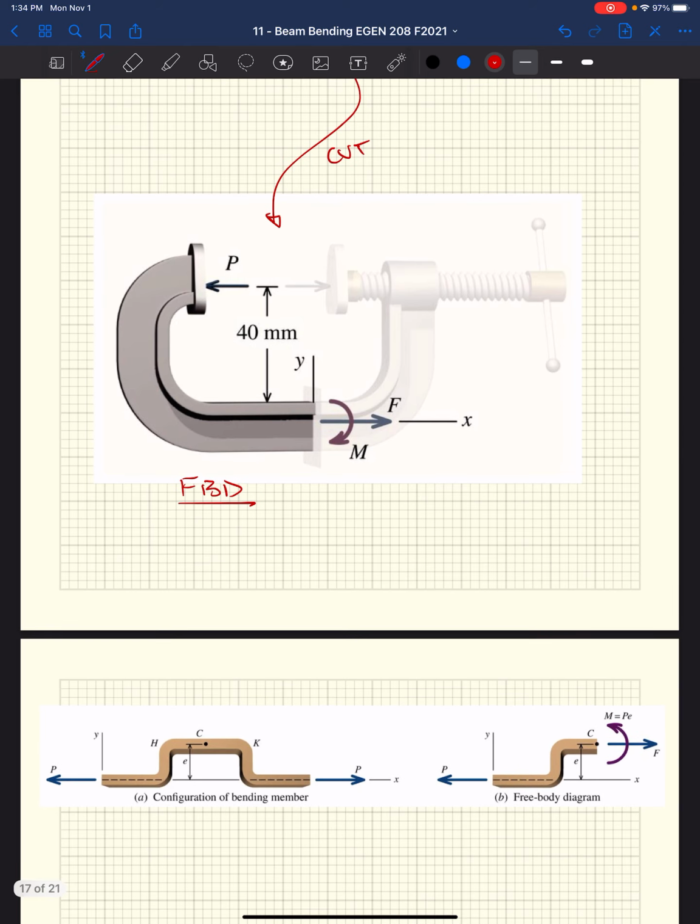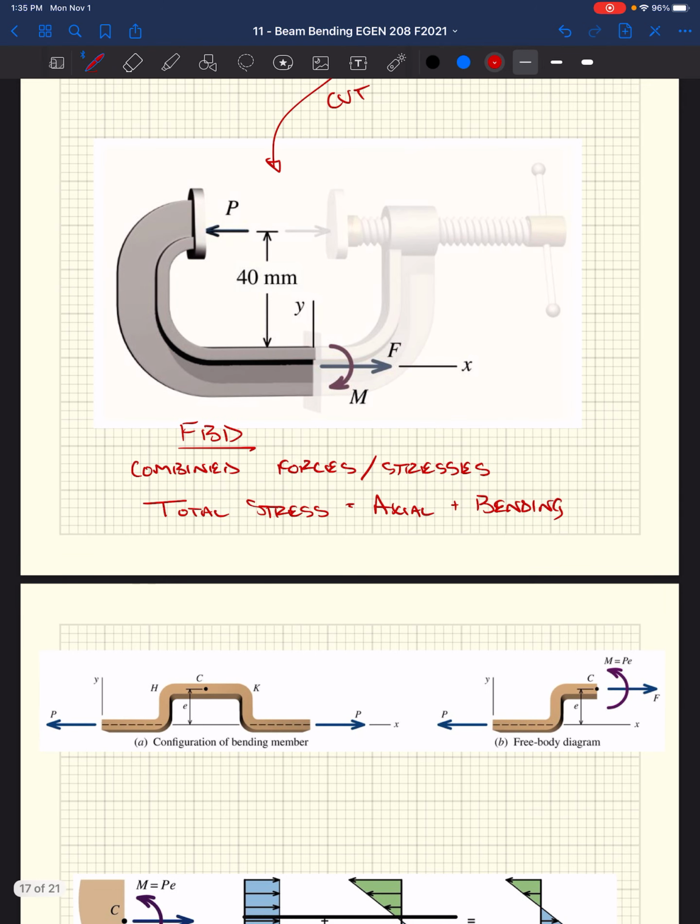So what this becomes when you have eccentric loading is a combined forces or stresses problem, where our total stress is going to be our axial stress plus our bending stress, right? We just use superposition. Similar to axial load and torsional load, now we have axial load and some bending load.